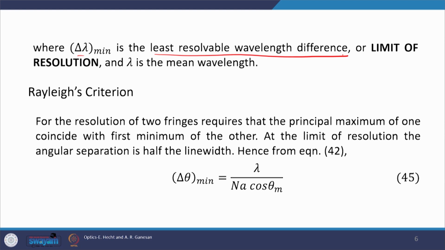Suppose the source has several wavelengths; that lambda is the average of those, and delta lambda min is the minimum resolvable wavelength separation. The delta lambda min is the least resolvable wavelength difference, and another name for it is the limit of resolution.